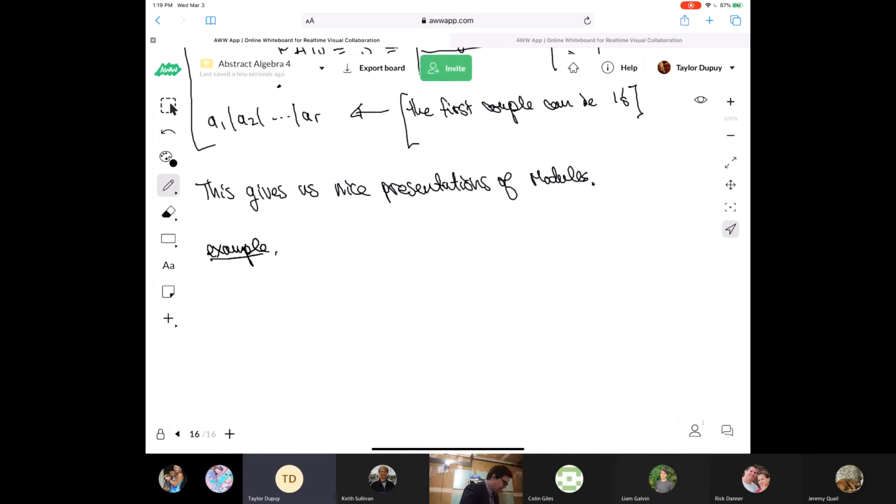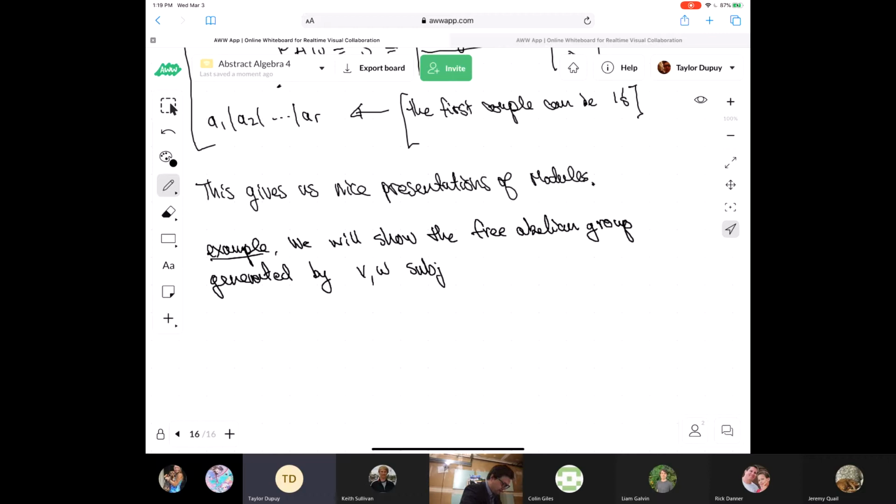So we will show the free abelian group generated by, let's say, V and W, subject to the relations V plus 2W is equal to 0, and 3V plus 4W is equal to 0.